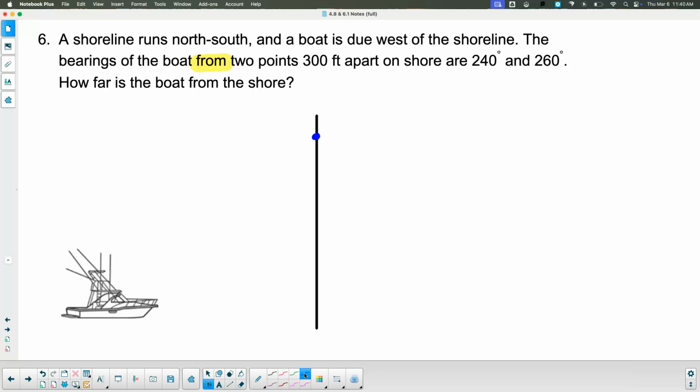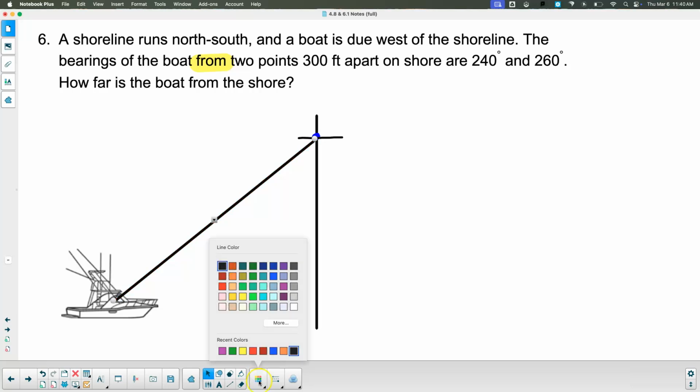So if I put my first point up there, the bearing to the boat is going to be this one.